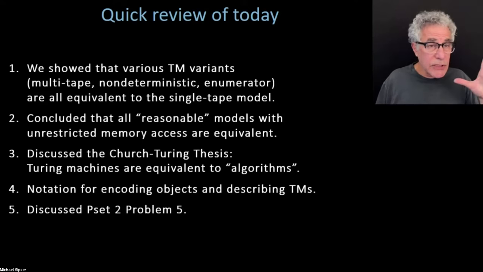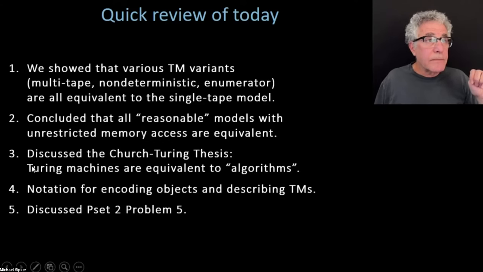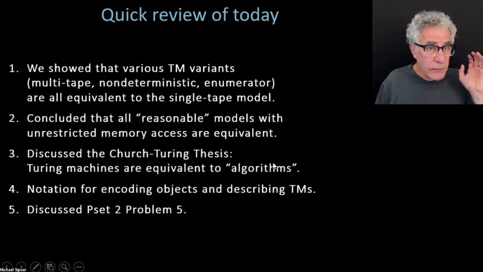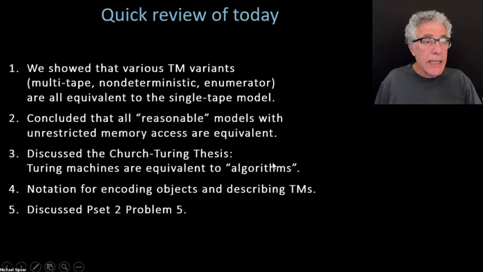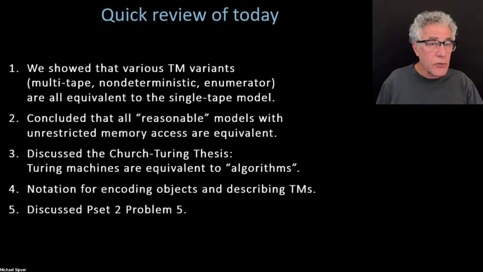Church-Turing Thesis: the question is, is it in the book? Yes, it's in the book, kind of similar to what I've already said. Somebody asked if the Church-Turing Thesis is proved in the book. There's nothing to prove. The Church-Turing Thesis is an equivalence between the intuitive and the formal. You can't prove something like that.